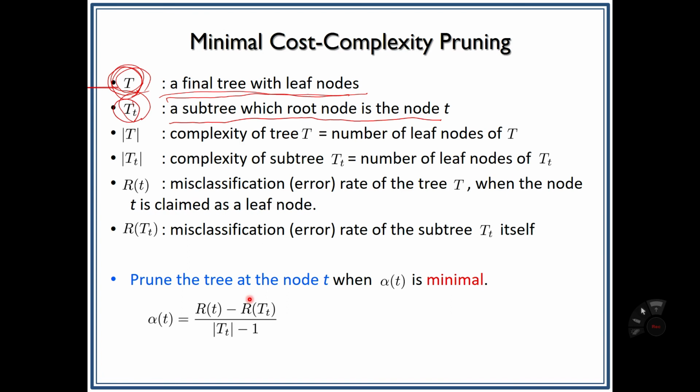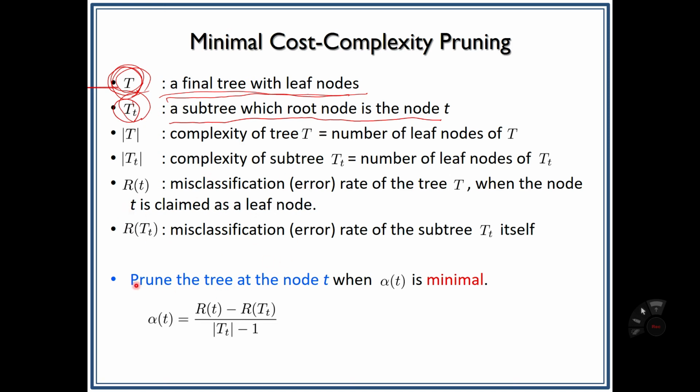Then again, T is the final tree or fully grown tree, with the subtree, the complexity as the number of leaf nodes of the tree T and of T sub t, the misclassification rate of the upper part, and the misclassification rate of the lower part of the tree.